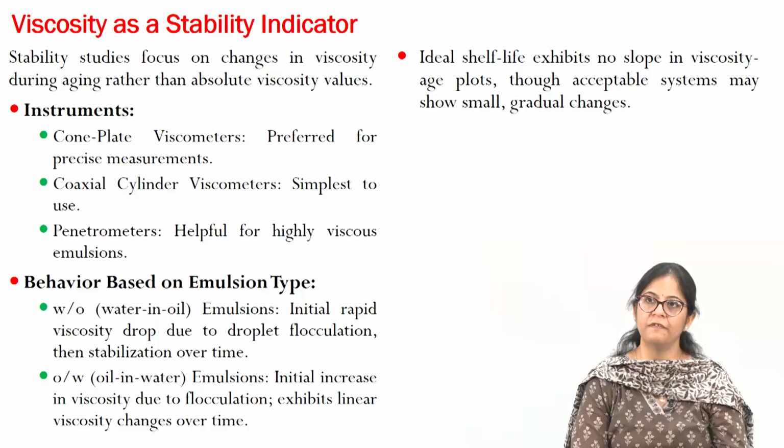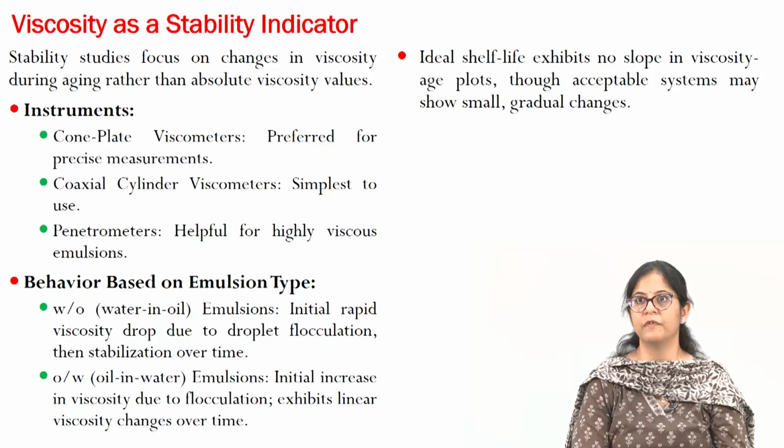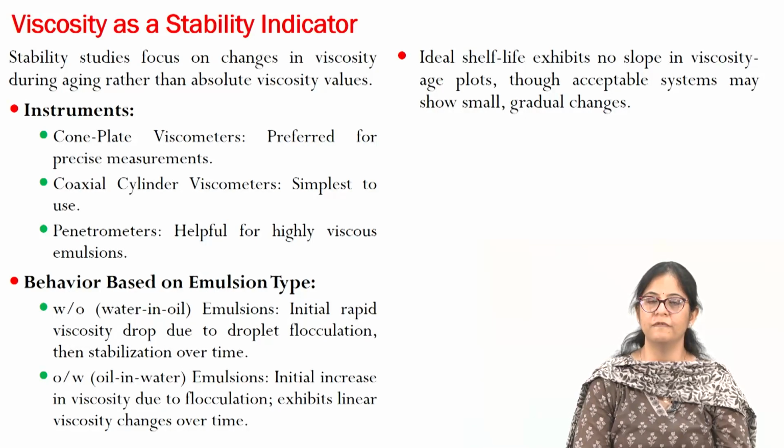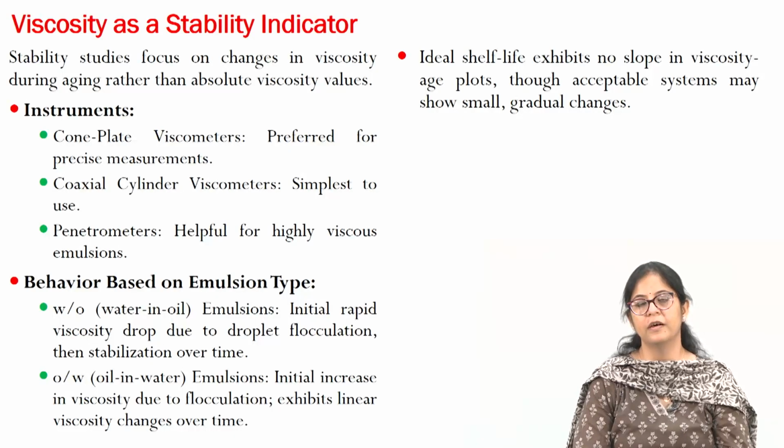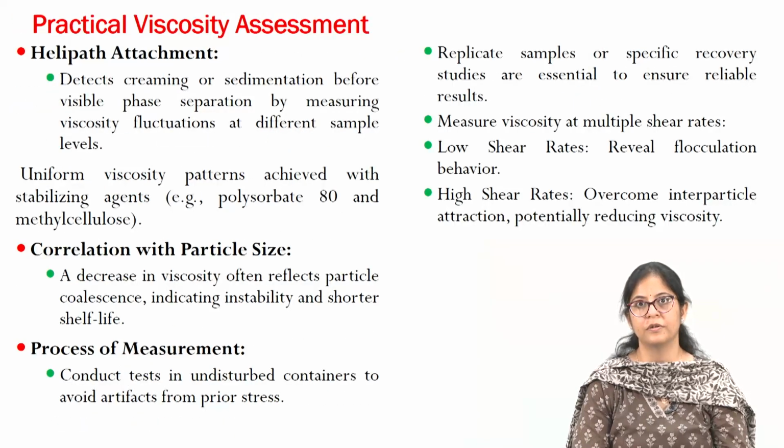The ideal shelf life exhibits no slope in viscosity age plots, though acceptable systems may show changes which are very gradual. So, rather than the absolute changes in the viscosity, the rate at which it is changing is observed for evaluating the stability of the emulsions.